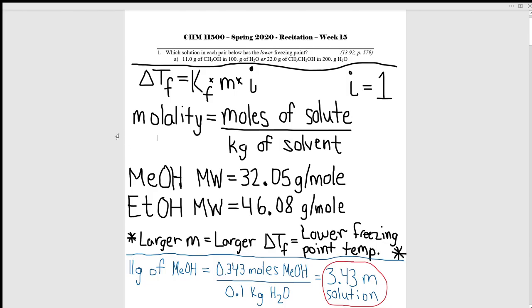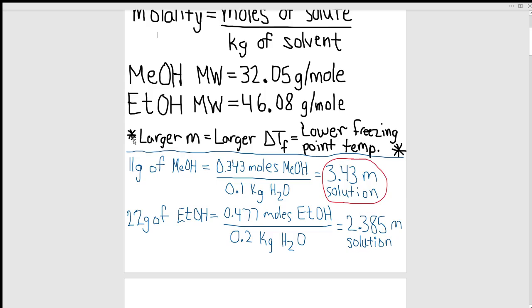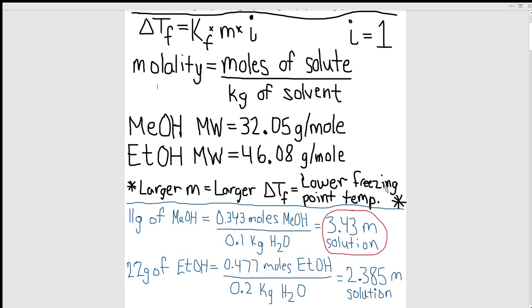Now, one important piece of information before we start solving the problem is realizing that the larger molality, or the larger m value, is going to give us a larger delta T_F value, which would therefore correspond to having a lower freezing point temperature of the solution.